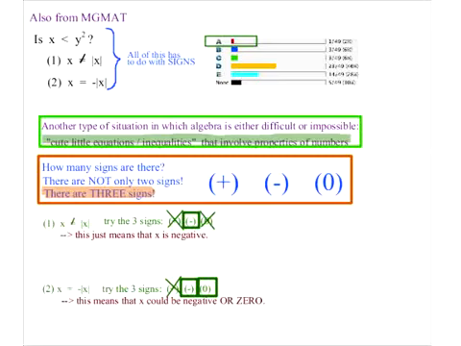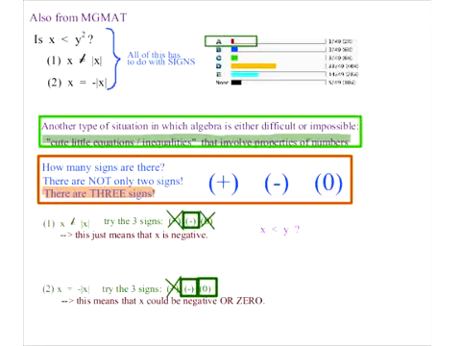So now let's examine the statements. We don't know anything about y, but someone tell me a fact. Remember, there are 3 signs, not 2. Someone tell me a fact about y squared in the text box. Even if we know nothing about y, what do we know about y squared?